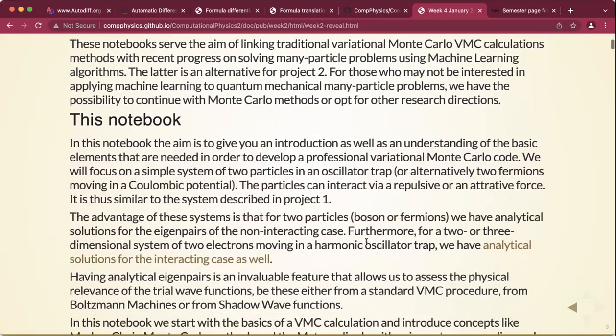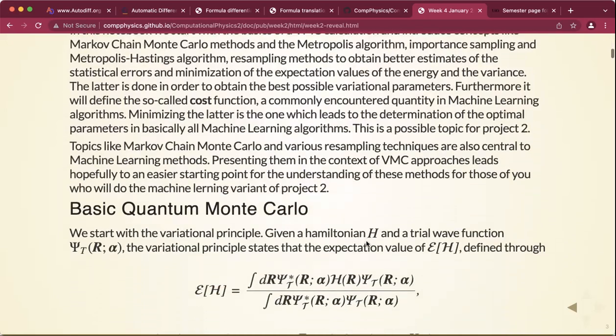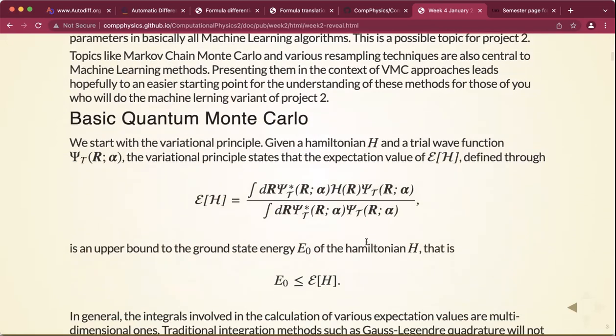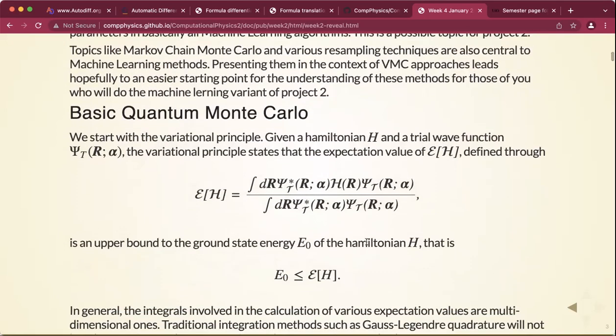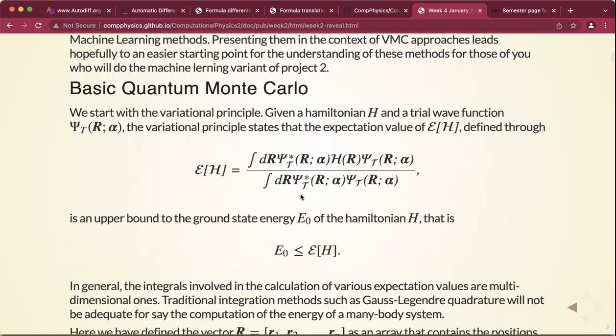So if we just scroll down here, the basics of a Monte Carlo calculation, if you want to look at the calculations in a nutshell, is to evaluate this multi-dimensional integral which you see here. And this is now going to be the expectation value of the Hamiltonian operator.